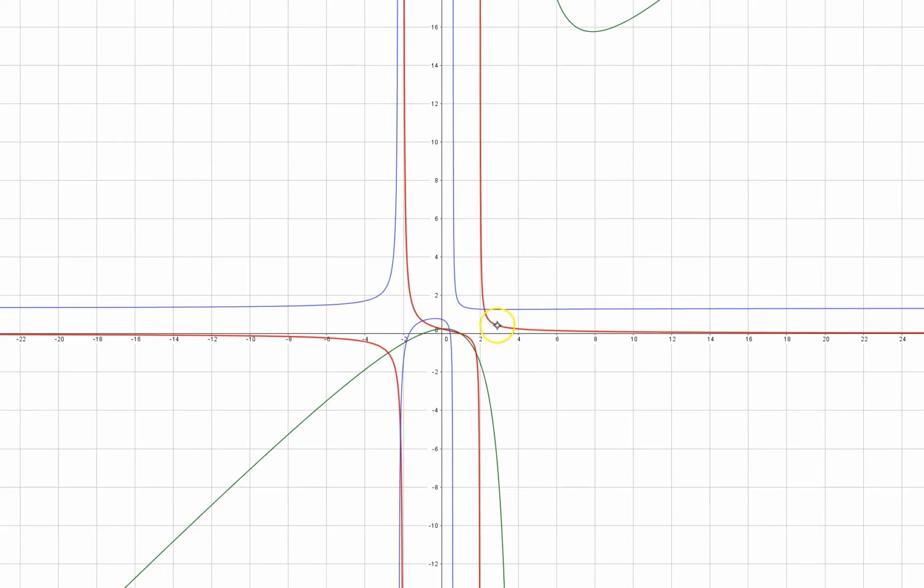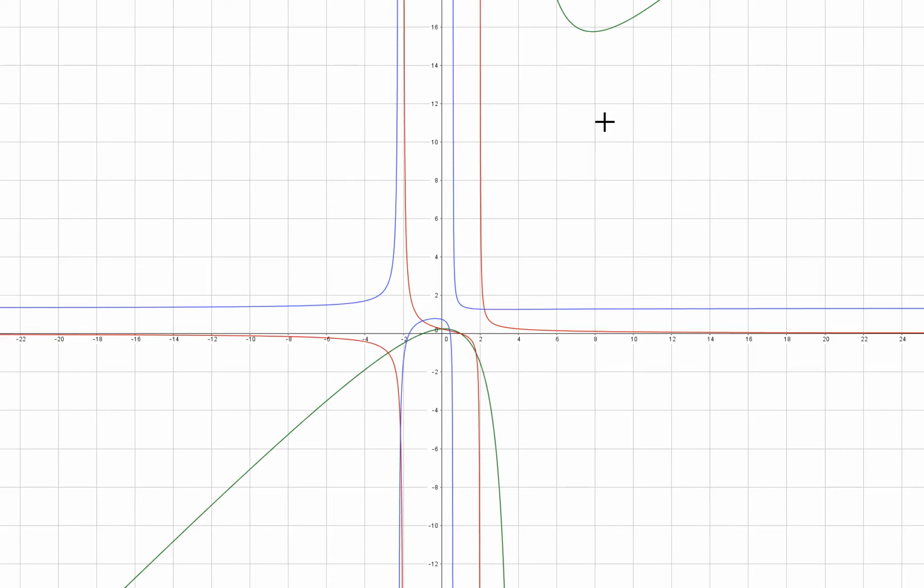It's this one that I'm highlighting, and that was our x minus 1 over x squared minus 4. The blue one was the one that I said was very unusual here in the middle, and that was the one that's got equal powers of x in both the numerator and denominator, the x squared. And the green one has this clear oblique asymptote.